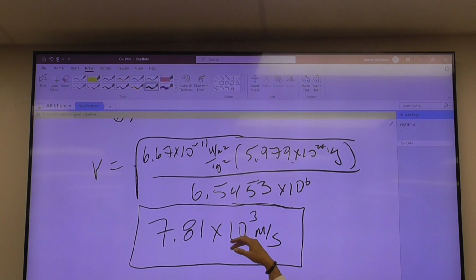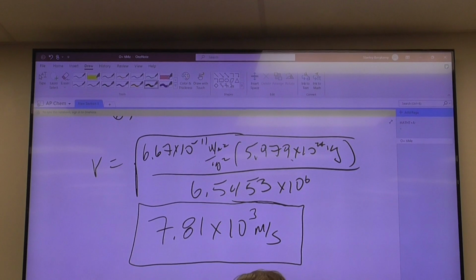So if I boost it into a higher orbit, I'm not going to change big G. I'm not going to change the mass of the Earth. The only variable is going to be the radius. So if we boost Luke into a higher orbit, his velocity is going to become less. Cool with that. Okay.